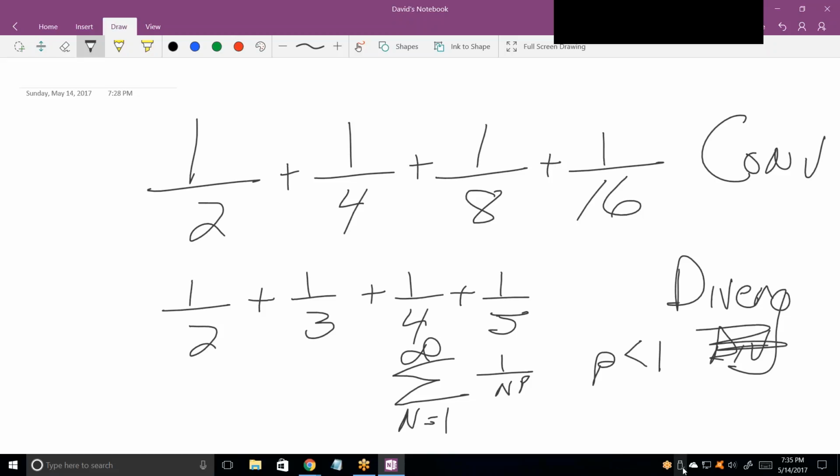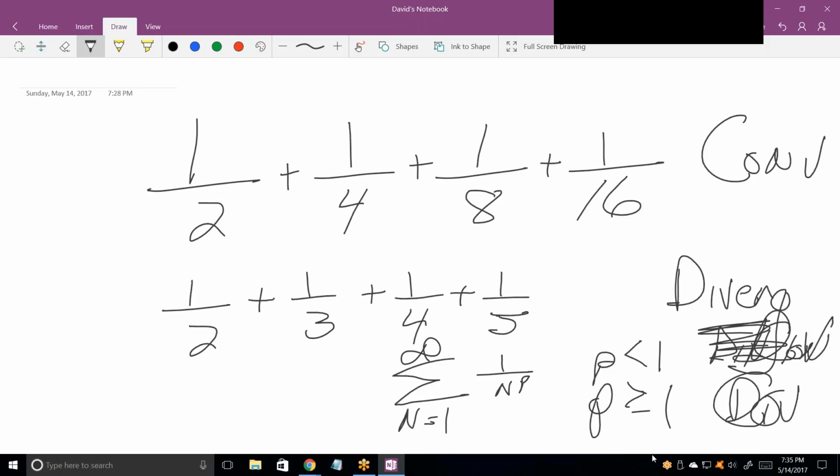Excuse me, it's convergent. And if P is greater than or equal to 1, it's divergent. I think I got that right. I might have it backwards. I do have it backwards. It's divergent and convergent. But the P-series test is just one of the 10.